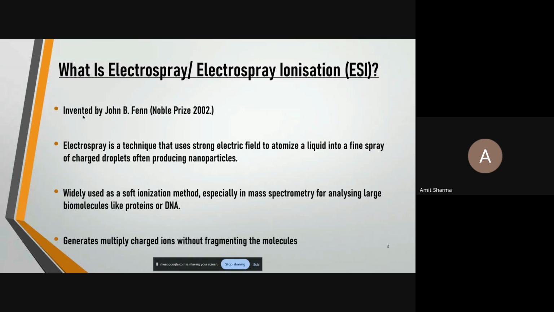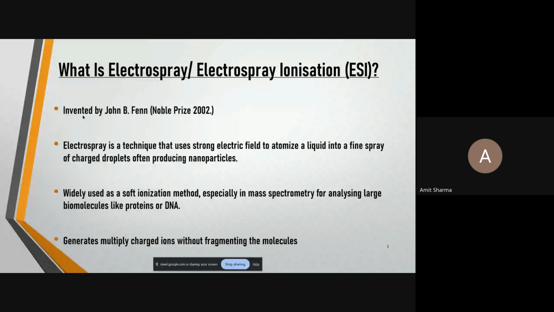This electrospray is widely used as a soft ionization method, especially in mass spectrometry for analyzing large biomolecules like proteins or DNA. Electrospray follows a soft ionization method, where minimal energy is used for the ionization process.